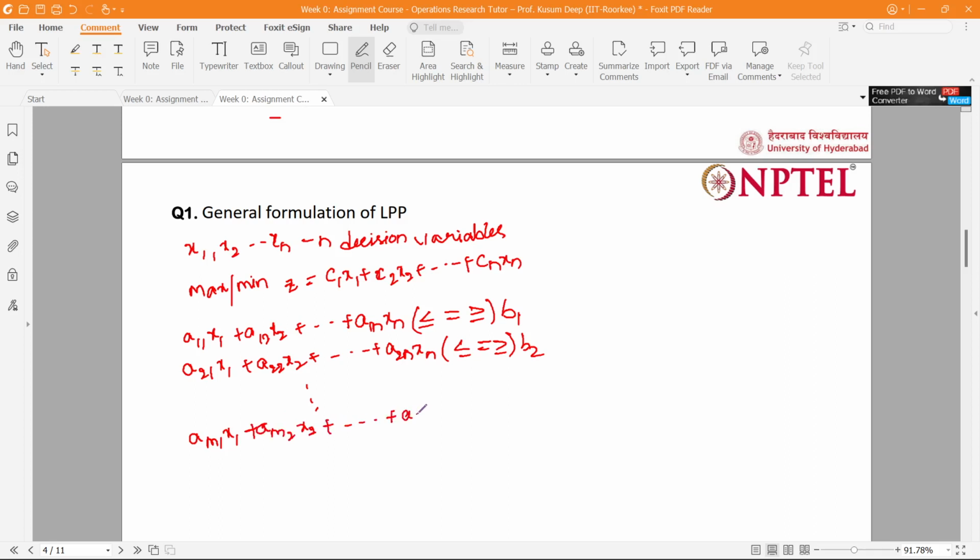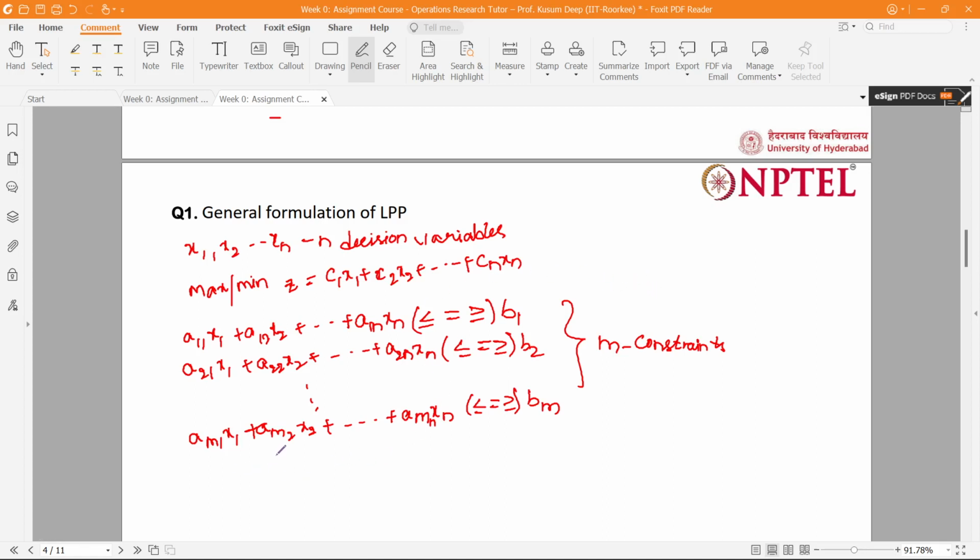So these are the m inequalities or equations, up to am1 x1 and so on plus amn xn with bm. All these are the m constraints. The constraints should be in linear form, and they are inequalities of less than or equal to type or greater than or equal to type, or even in the form of equations.